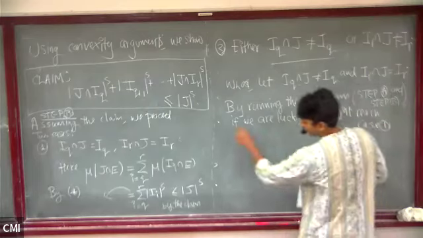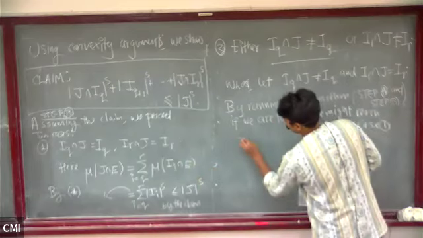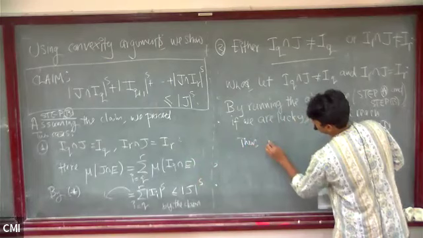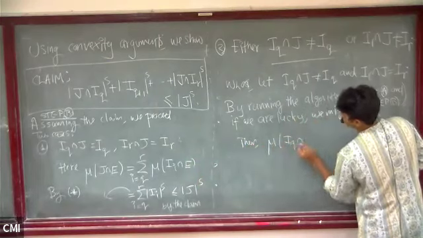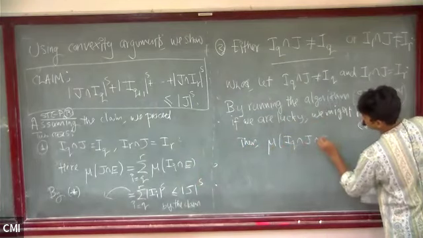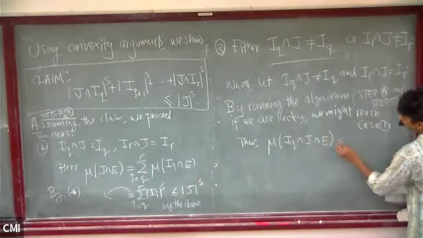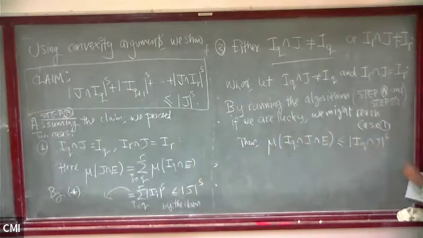And then, by arguing as here, I'll be able to see that mu of I_Q intersection J intersection E is bounded above by the size of I_Q intersection J to the power S.